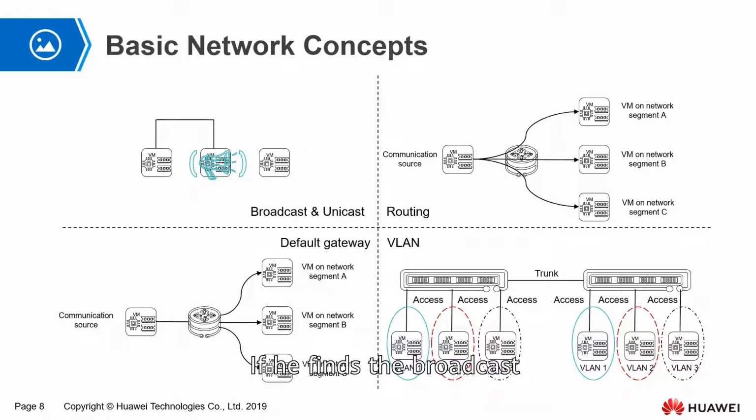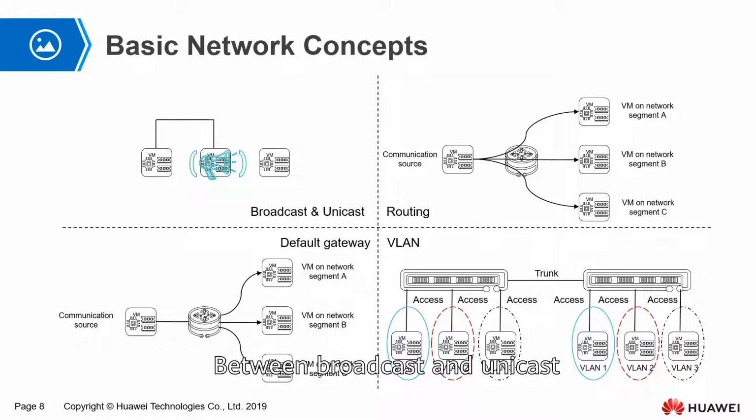If he finds the broadcast is not looking for him, he will ignore it. This is called broadcast. After the message is returned, the broadcaster and the person will establish a one-to-one contact. Then the two persons can talk privately, just like you send me a message and I send you a message back. This method is called unicast.